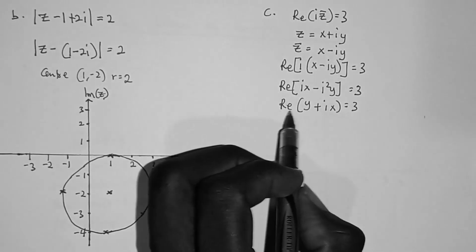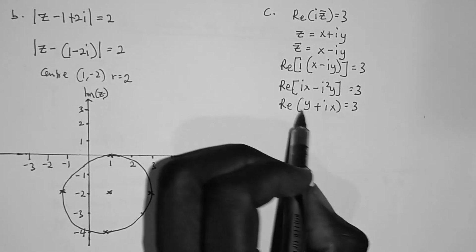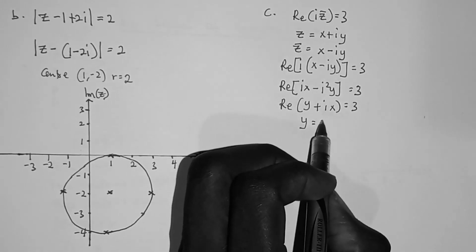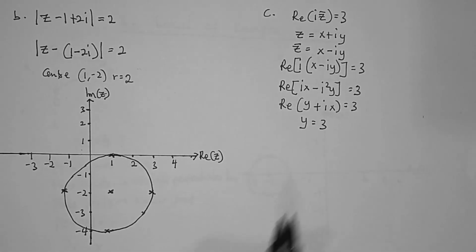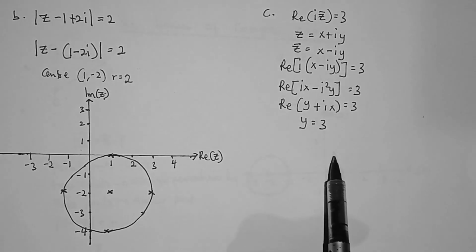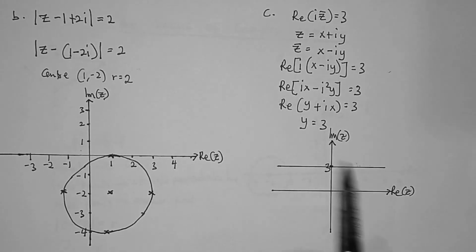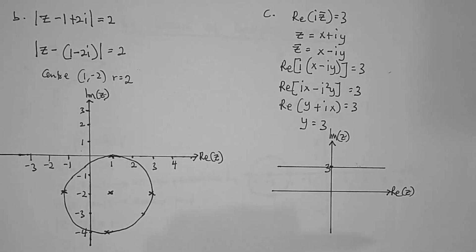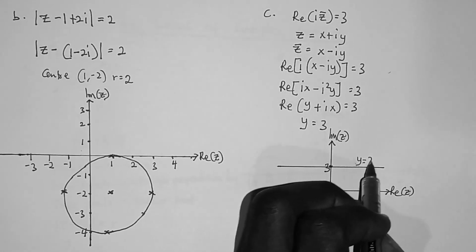But then we are taking the real part, so the real part is y. So y equals 3. And therefore, you can see that this is a straight line. So let's represent this on an Argand diagram. This is how the graph is going to look like. This is the line y equals 3.